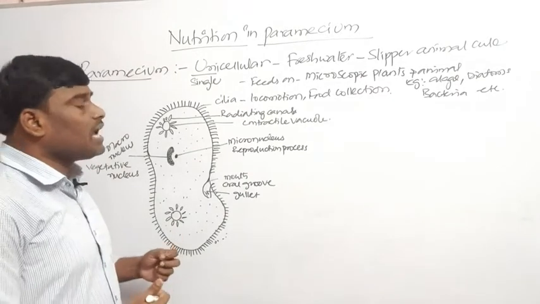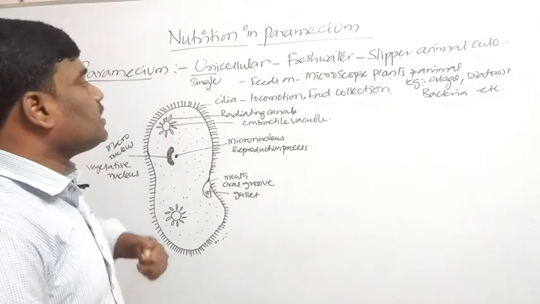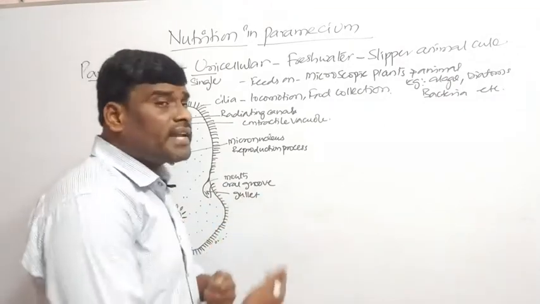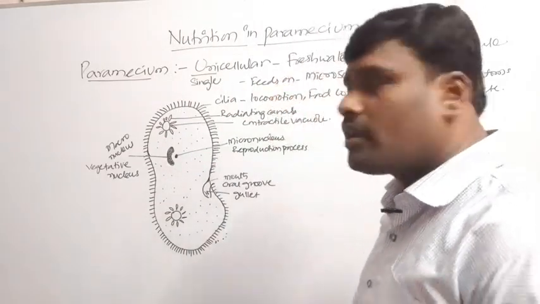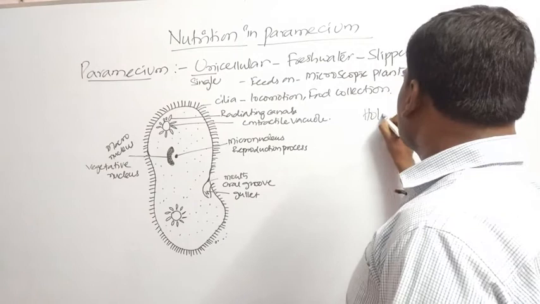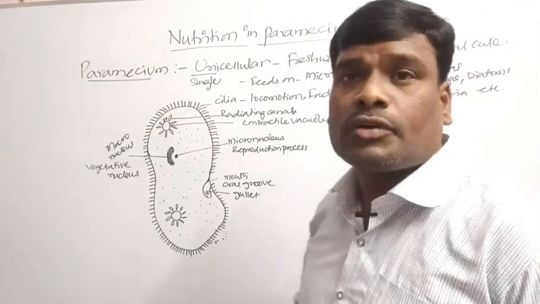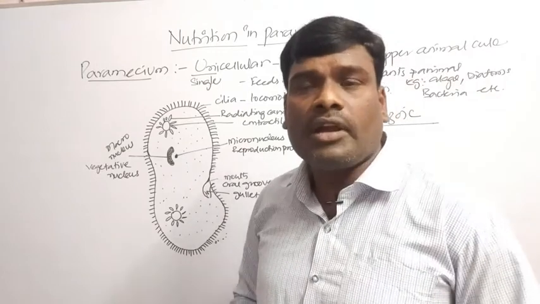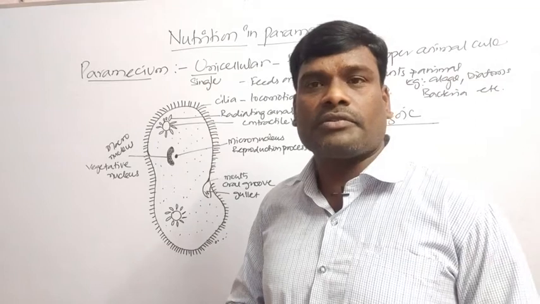Now let us see how the nutrition takes place here. What kind of nutrition takes place in the Paramecium? In Paramecium, Holozoic nutrition is seen, children. Holozoic means the food is in solid particles. That solid particle enters into the body and gets digested because of the enzymes.